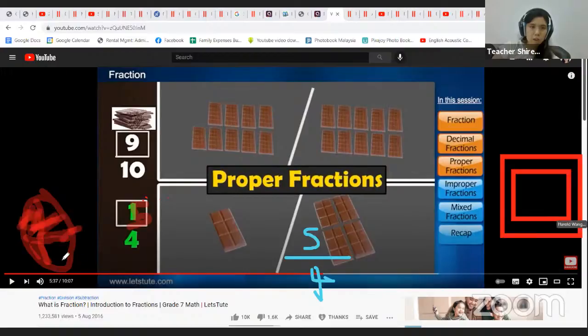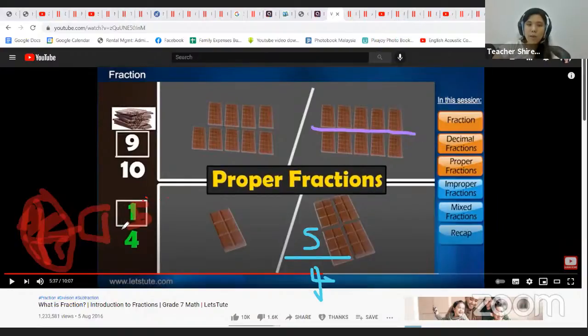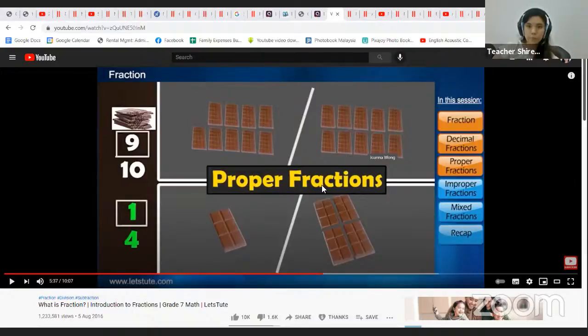You eat all 4, and it's not enough. You eat more than that. So this is actually an improper fraction already because it's more than 1. When it's more than 1 whole piece, the top is bigger than the bottom. It is called an improper fraction. A proper fraction's numerator is always smaller than the denominator.